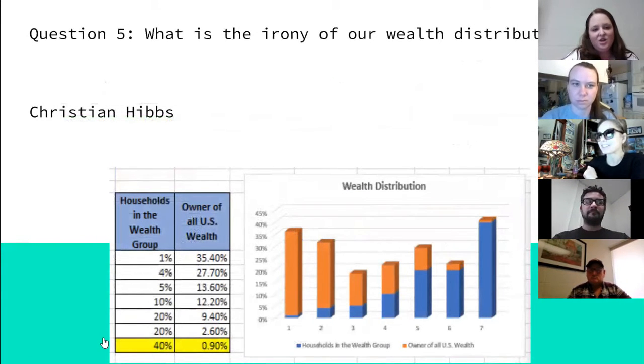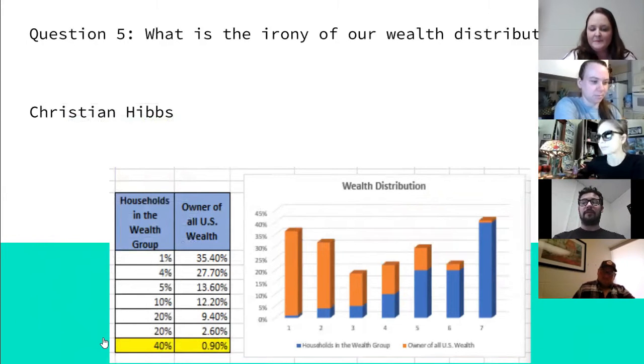Thank you, Arcos. All right. Christian, what is the irony of our wealth distribution? Well, the irony in our wealth distribution is the ratio of our wealth distribution. The ratio is very skewed. You can see that a very small percentage of the population has a majority of the wealth, whereas a majority of the population does not have a lot of the wealth.